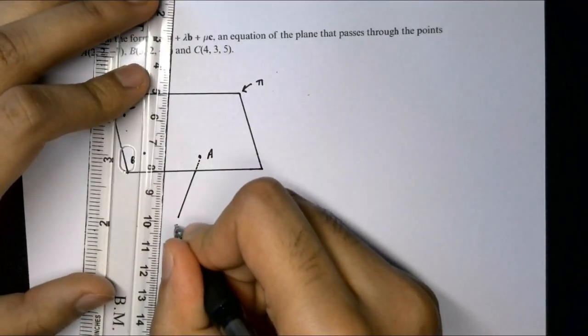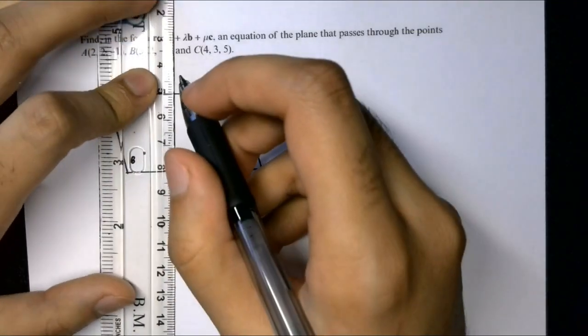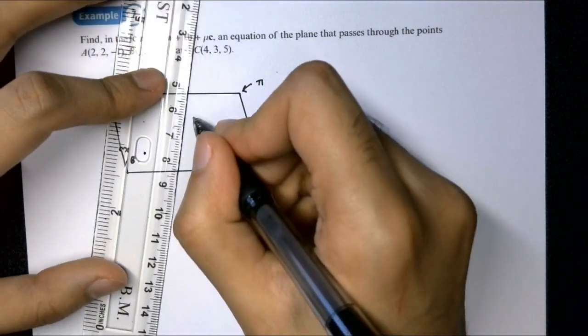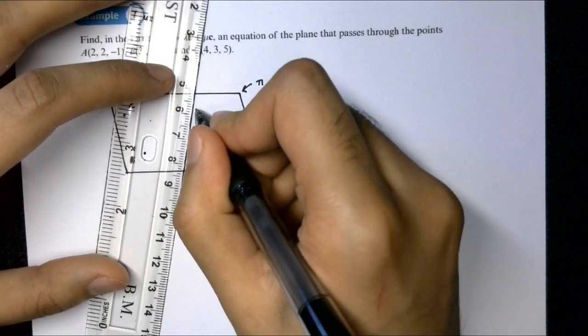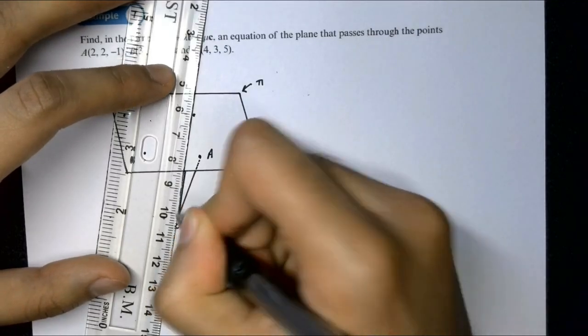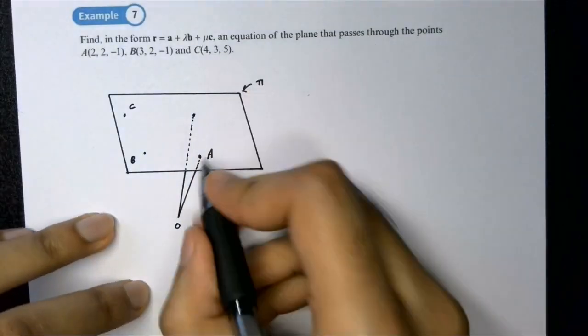So this is the vector OA, and it's connected to some general point R. So let's just put the point R over here. Here is the vector R. So let's just show everything.